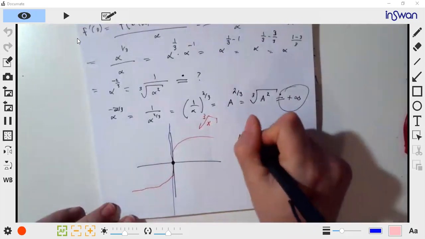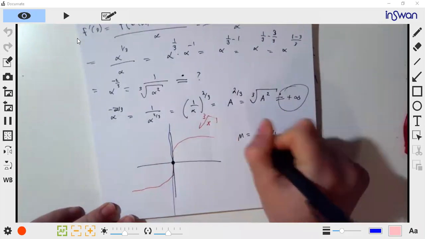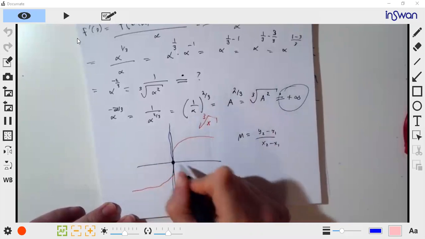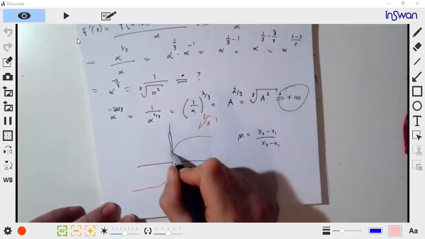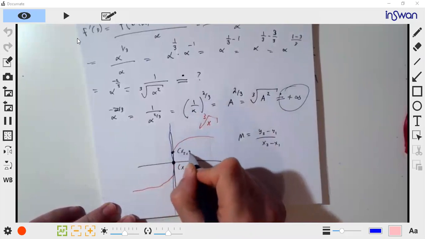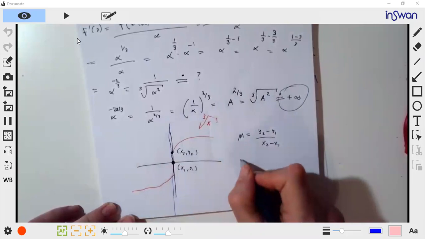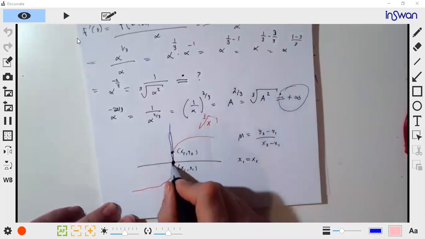Why? Well, m is equal to y2 minus y1 all over x2 minus x1. In this case, if right here this is our x1, y1, and over here this is our x2, y2, notice that x1 is equal to x2 right here.